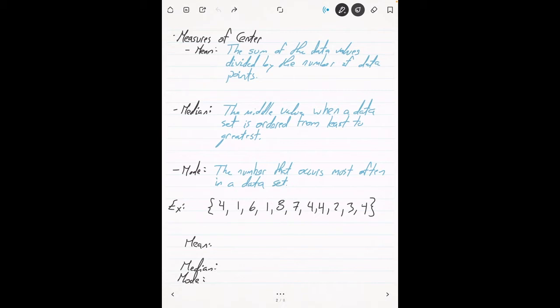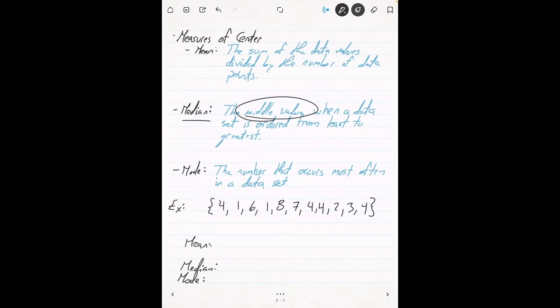However, another common term that's used for describing the average of a data set is the median. Now, the median is different than the mean. The median is, if you were given a data set, the middle value that's representative in the data set when you order it from least to greatest.